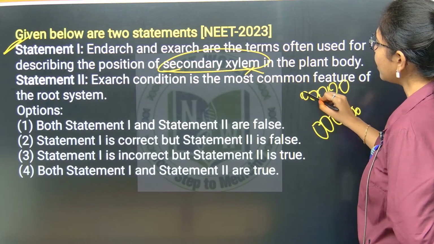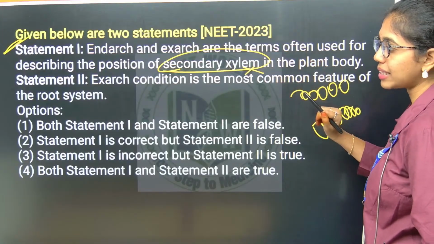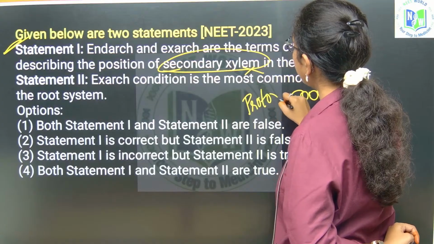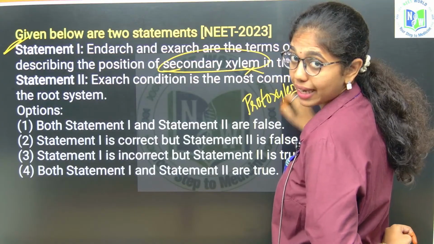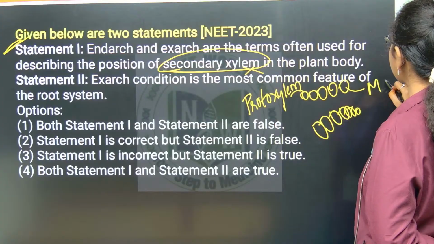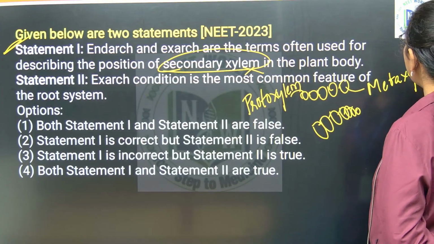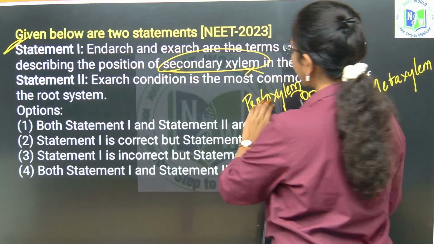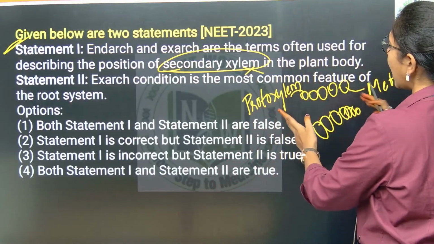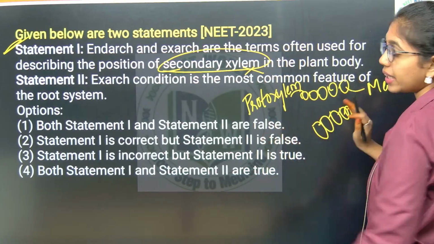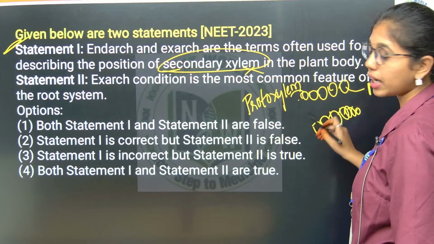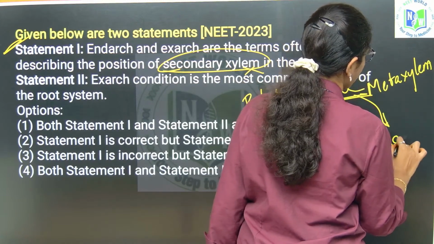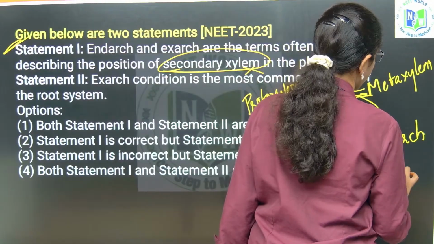The first formed xylem in the primary xylem is called protoxylem. First formed xylem is what? Protoxylem, and later it will be metaxylem. If the protoxylem is towards the periphery and metaxylem is towards the center, this is the exarch condition, which you will observe in the root.